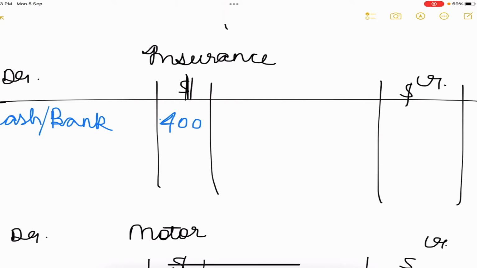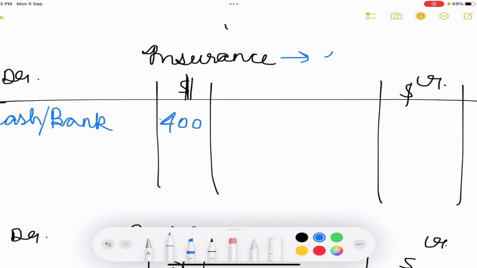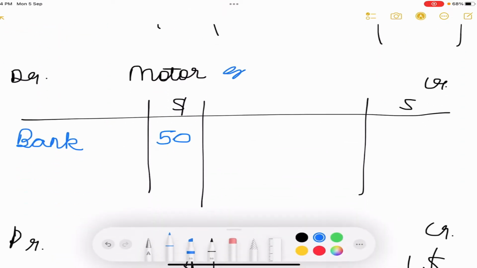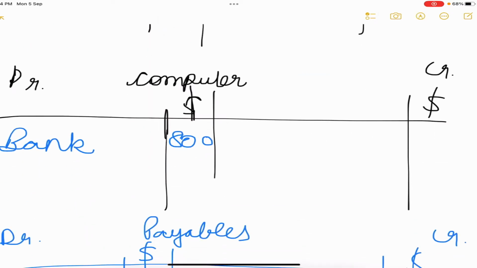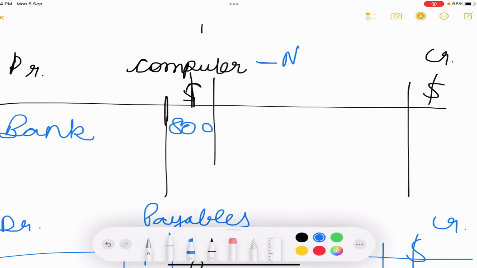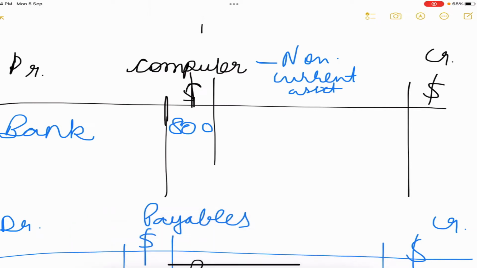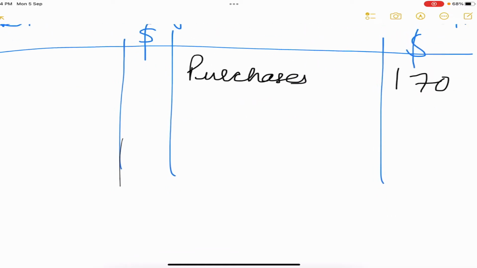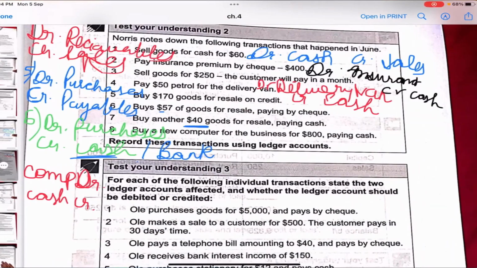So insurance is an expense. And then we have our motor expenses account. So the delivery charges and everything comes under this. And then we have computer, which is a non-current asset. So that's it with this question. Now let's move on with our chapter.